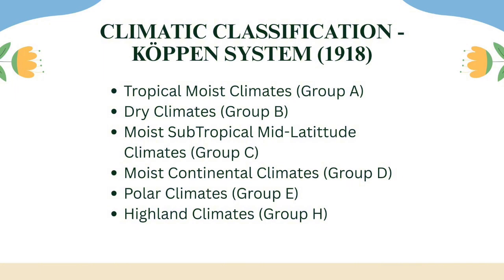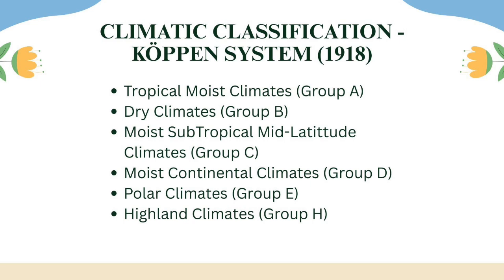Okay, so the climatic classification, the Köppen system, from 1918. This is one of the most widely used systems to classify climates based on temperature and precipitation. Letter A, we have the tropical moist climates, where the area experiences hot and wet conditions all year. The dry climates, group B, are the deserts and arid regions with low rainfall. Letter C is the moist subtropical mid-latitude climates, with warm summers and mild winters.